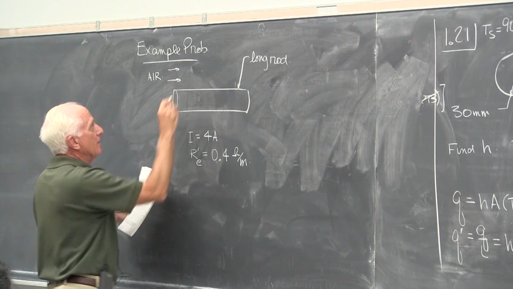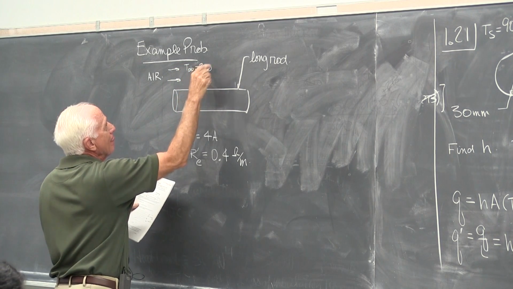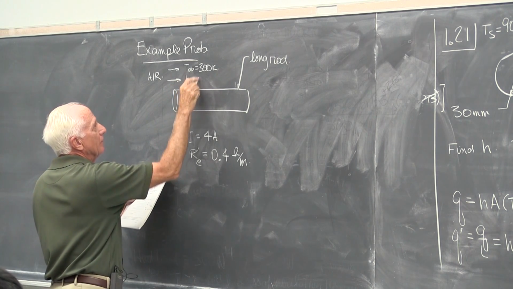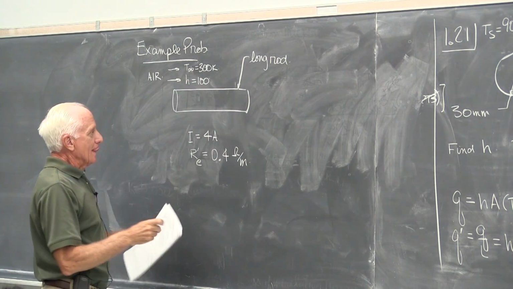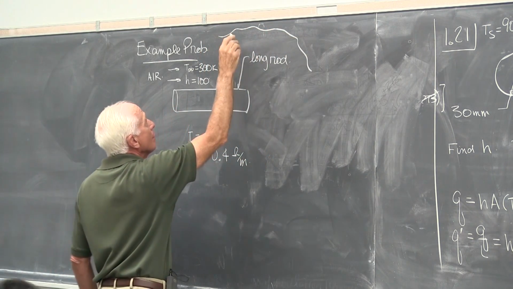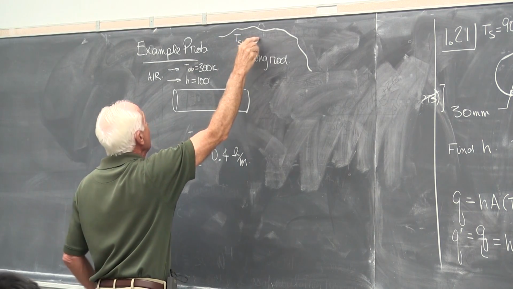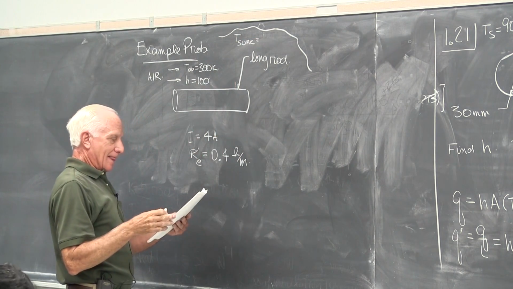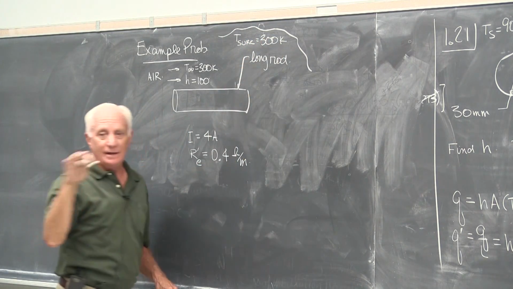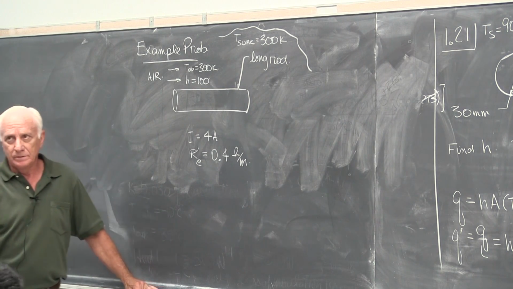The temperature of the air is 300 K. And the convection coefficient is 100. It's in a large room whose walls are kept at 300 K. So it's like this room here. The air in this room is pretty close to the temperature of the walls in this room.